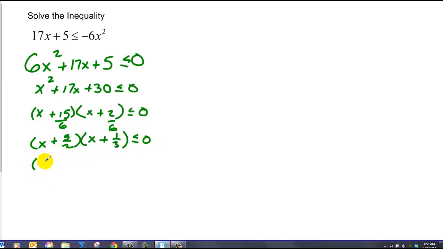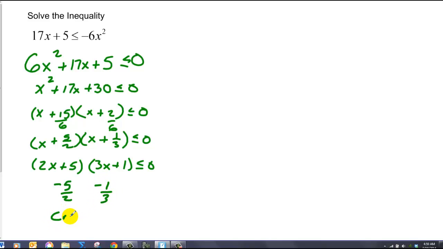The denominator goes forward, so that's 2x plus 5, 3x plus 1, less than or equal to 0. For the critical numbers, pretend they were set equal to 0, so I have negative 5 over 2 and negative 1/3.